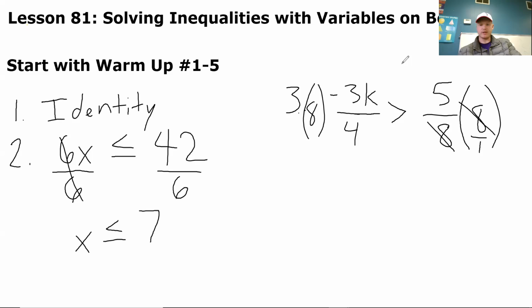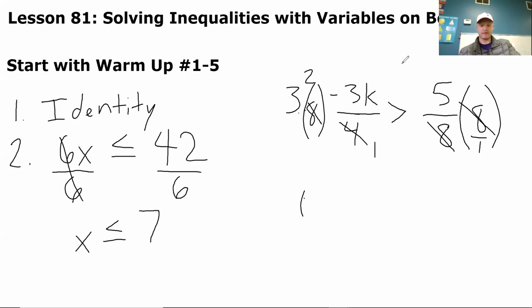But when we do it on this side, we have 8 on top and 4 in our denominator. So with that 8, one thing we can do is simplify. So 8 and 4, the 4 would turn into a 1, and our 8 turns into a 2, because 8 divided by 4 equals 2. Makes it kind of easy for you.